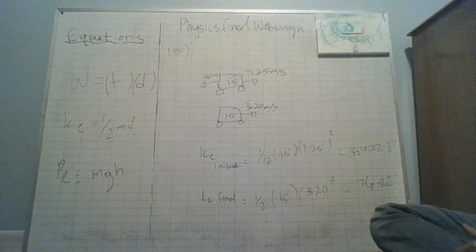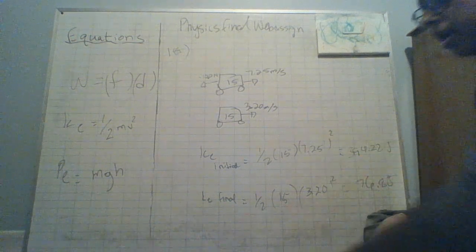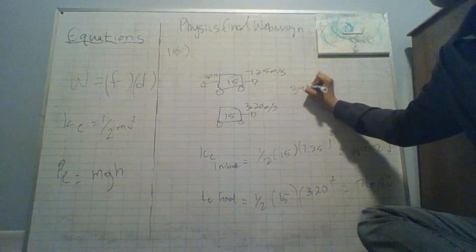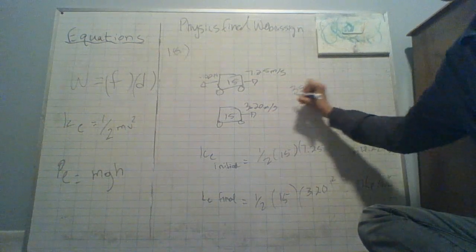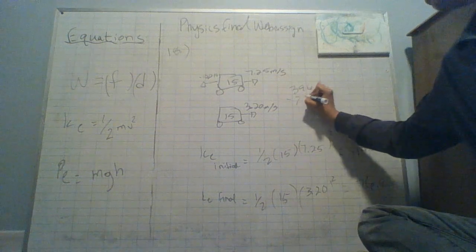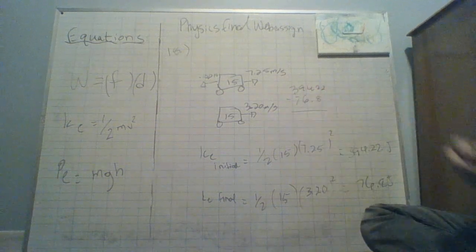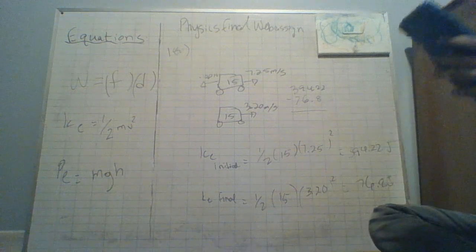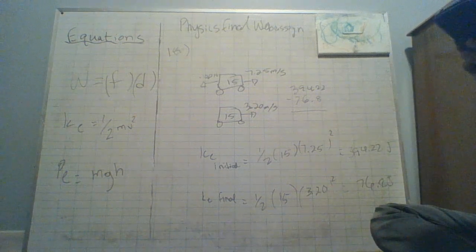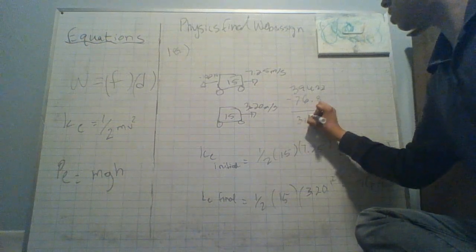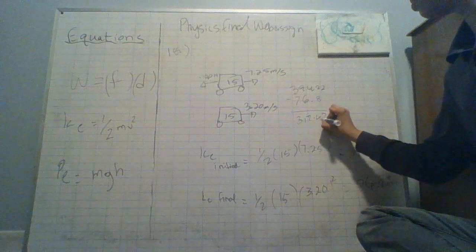So we're going to find the change. We're going to do 394.22 minus 76.8. That gives me 317.42 joules.